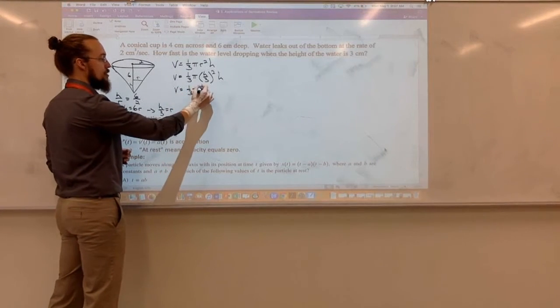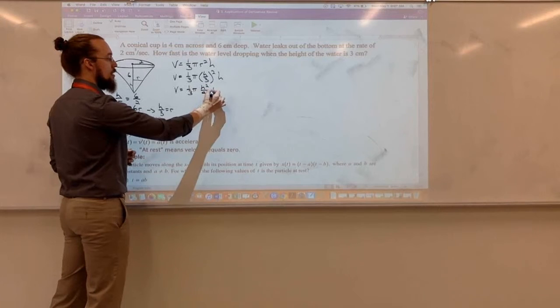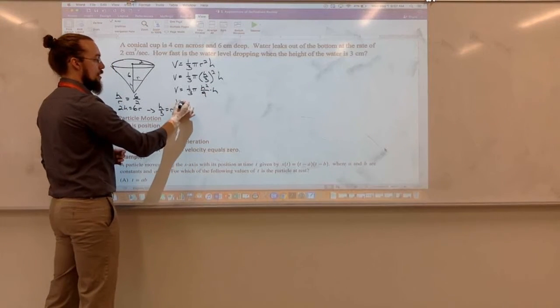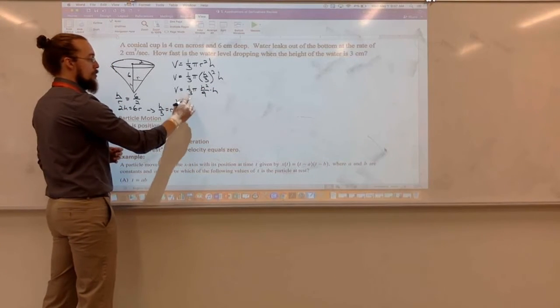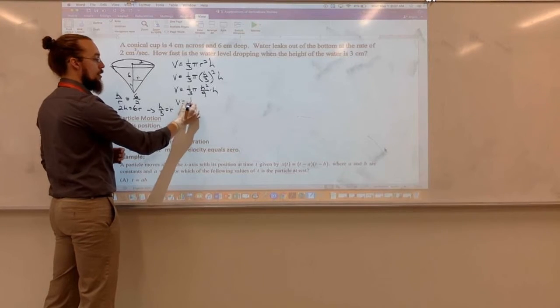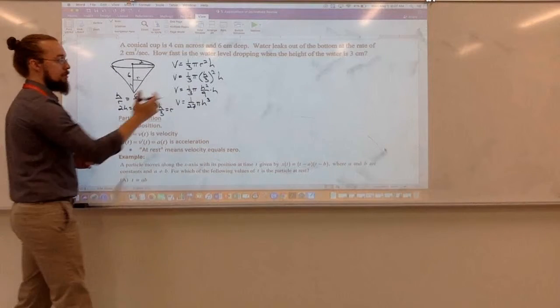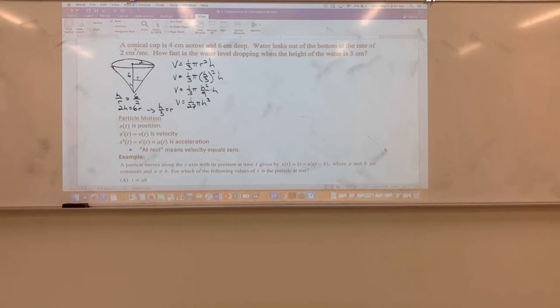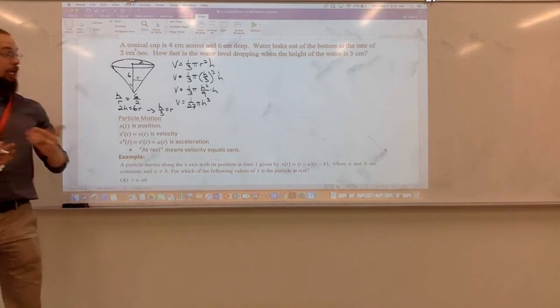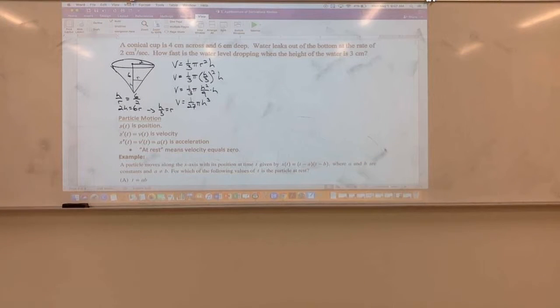So if I square this, I would have H squared over 9 times H. And then I could multiply my 1/3 and my 1/9, get 1/27 pi, and then multiply the H squared and the H together to get H cubed. So we've changed our volume formula just in terms of one variable now.